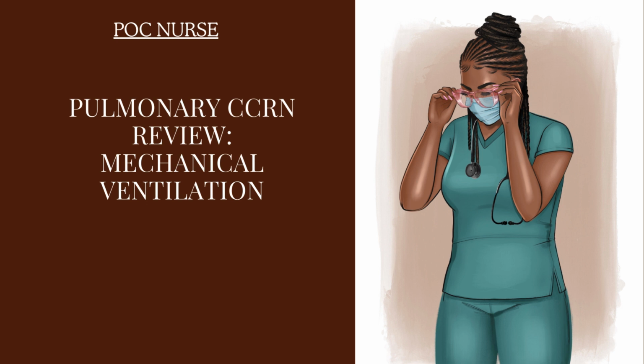Now, if the patient has decreasing lung compliance, such as the patient with ARDS, it will be hard to ventilate this patient. It will be hard to drive oxygen into this patient because there's increased pressure inside of the patient's lungs. The ventilator high pressure alarm will go off. If the patient has a pneumothorax, the ventilator high pressure alarm can go off.